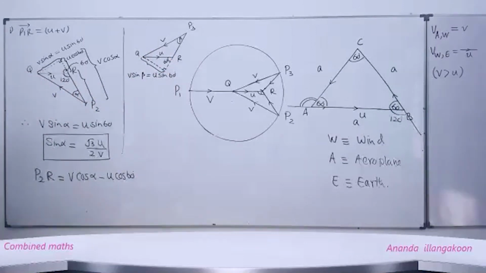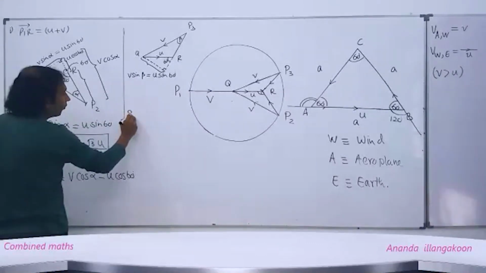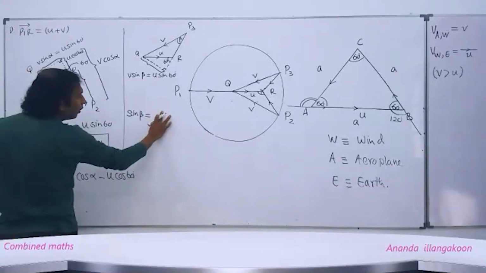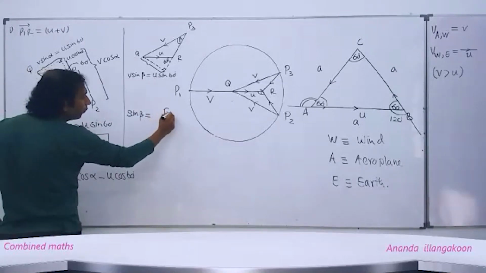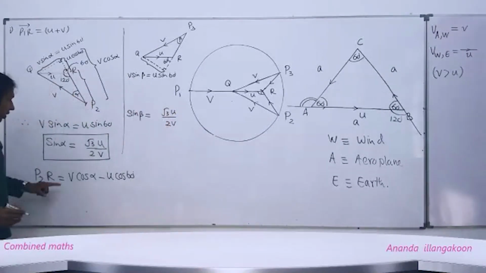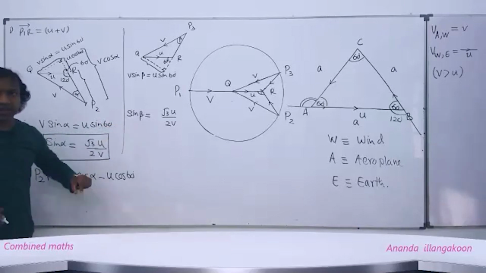So then what we get? Sin beta can be U sin 60, that is root 3 U by 2, and you can very clearly understand alpha and beta are equal now, right?